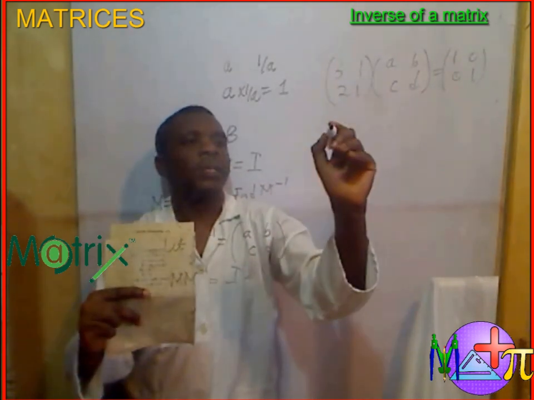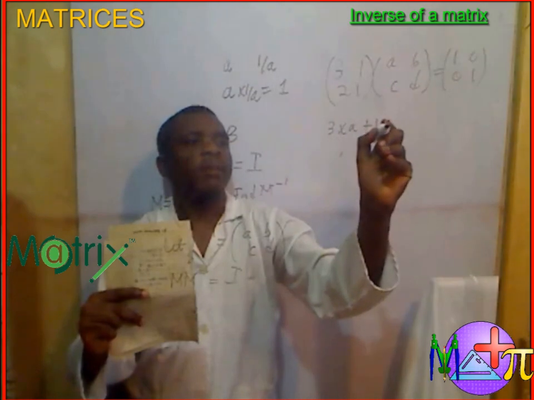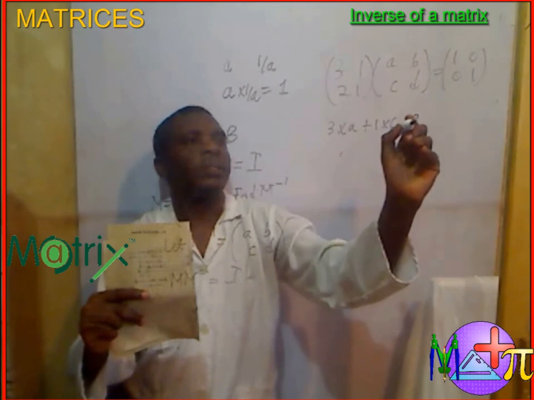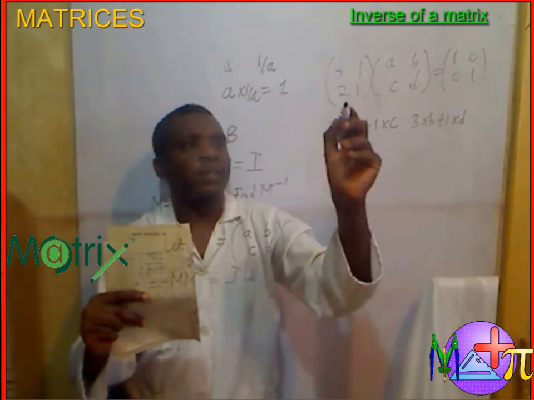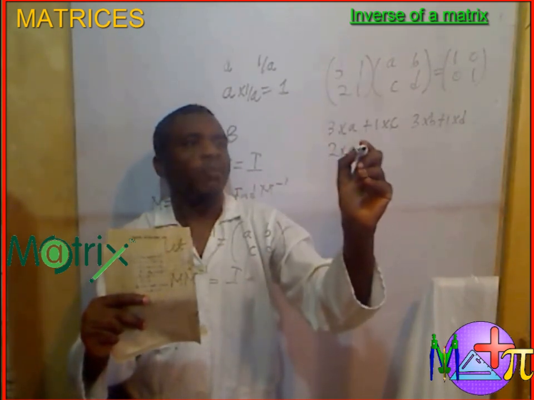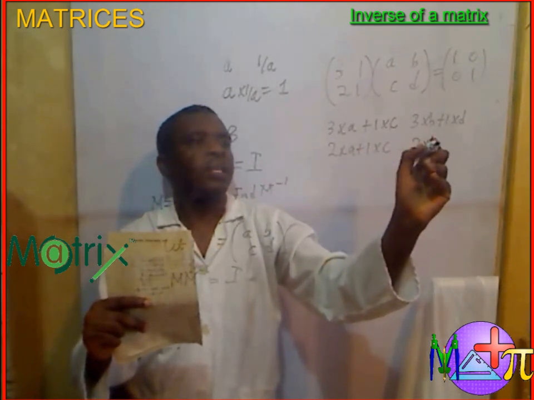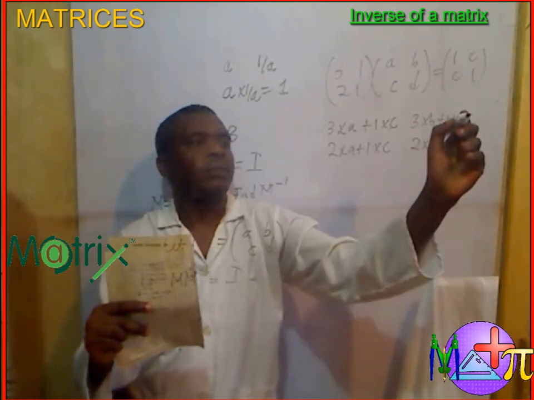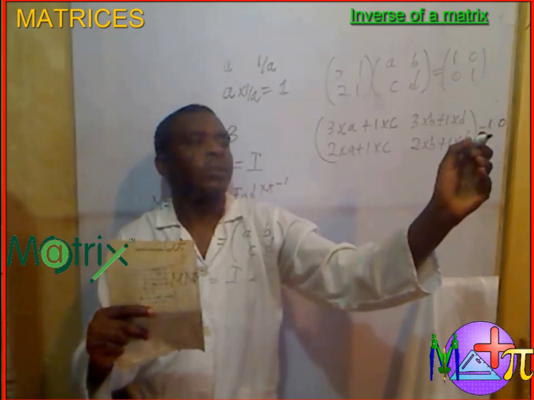This will be 3 times A plus 1 times C. This is 3 times B plus 1 times D. I go to the second row, 2 times A plus 1 times C, 2 times B plus 1 times D. So all of these should be equal to the identity matrix 1, 0, 0, 1.